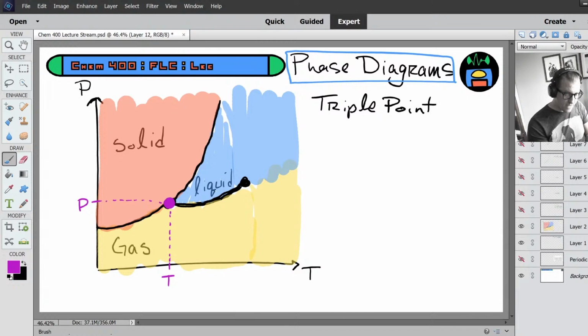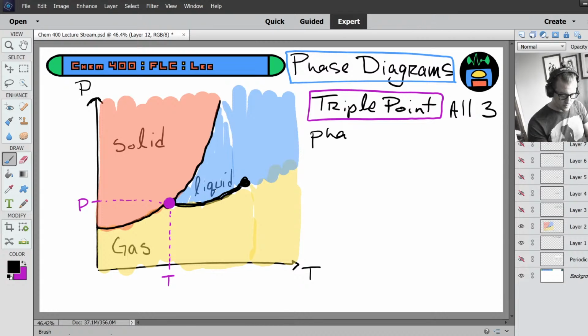And if at each transition point two phases can coexist simultaneously, at the triple point, all three phases of matter exist simultaneously.